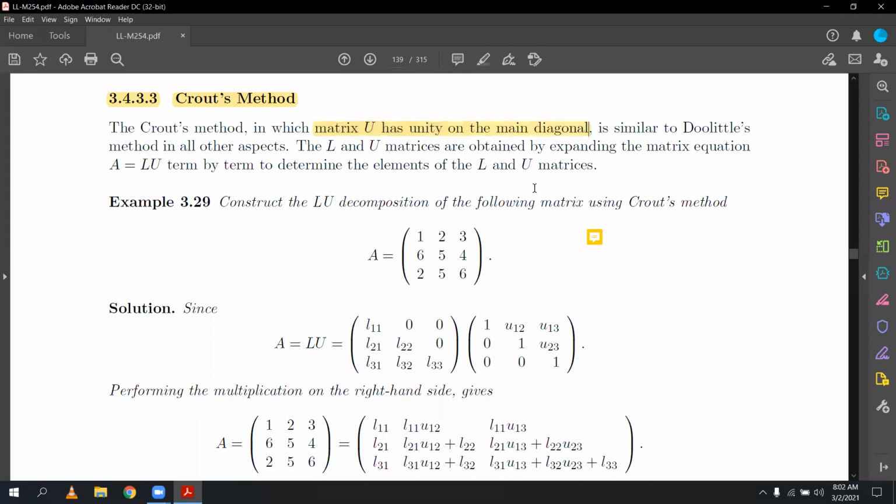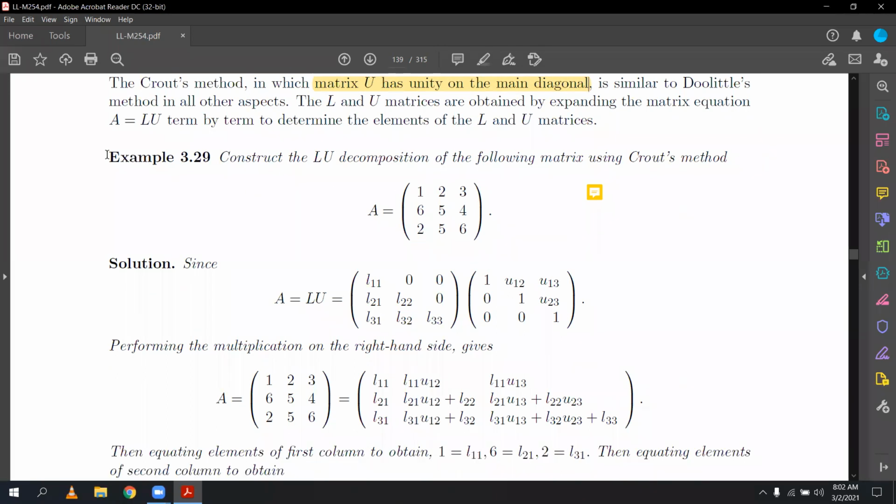That means your U should be unit upper. Here, please remember one point: you cannot use simple Gauss elimination to find the elements of L and U. You have only one choice, to use direct multiplication.